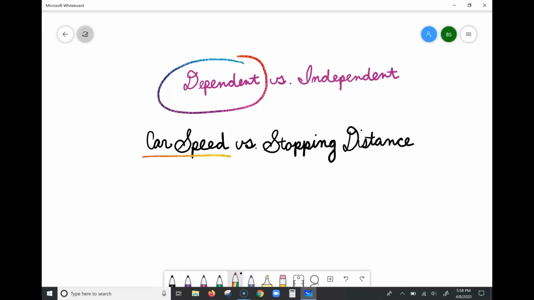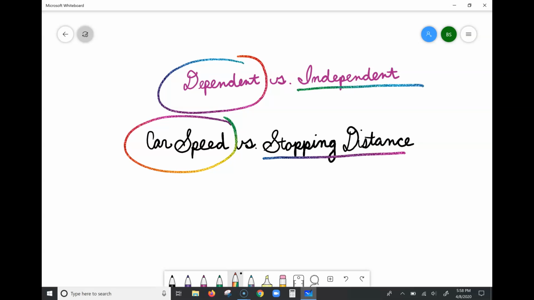Now, if we think about this then, since we know that dependent goes first, let's circle that one. Go back and make those match. The independent variable by this rule should be stopping distance. So now I want to ask you a new question. Is this a good title for a graph?